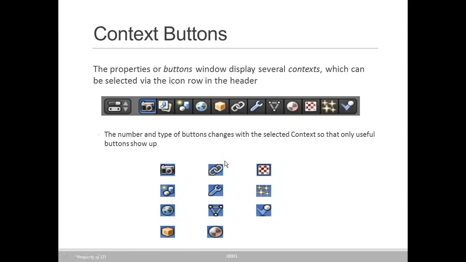So this one, constraints, used to control an object's transform: position, rotation, scale. So tracking and relationship properties.